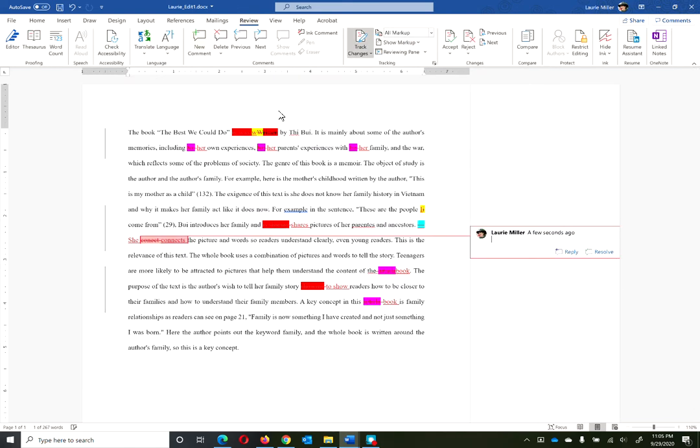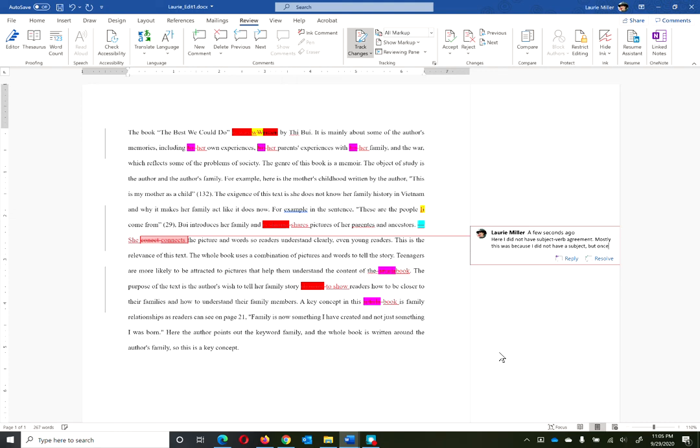I have to identify the specific error I made. Here, I did not have subject verb agreement. Mostly, this was because I did not have a subject.